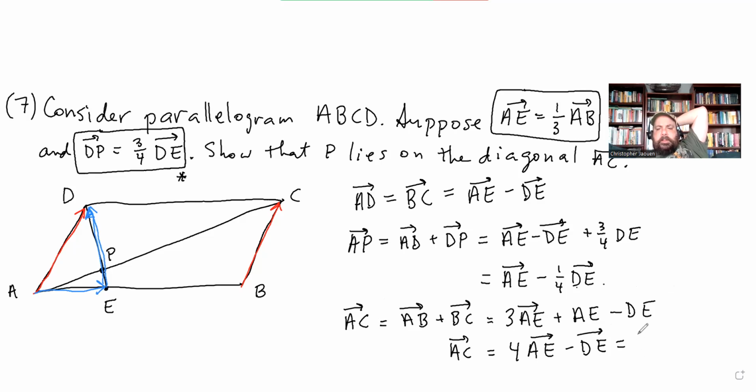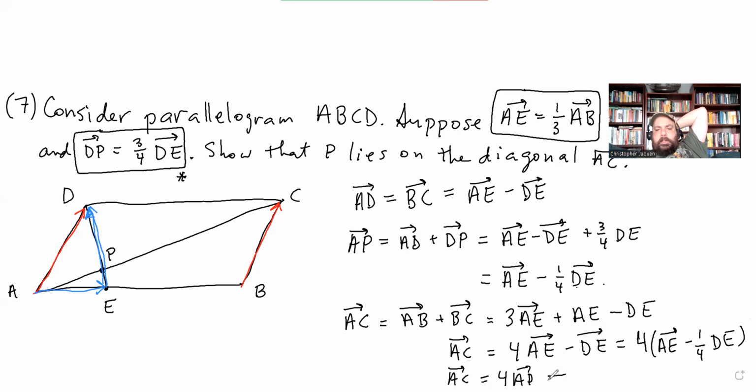And actually if I factor out a 4 here, I get AE minus 1/4 DE. So notice that AC is equal to 4 times AP.